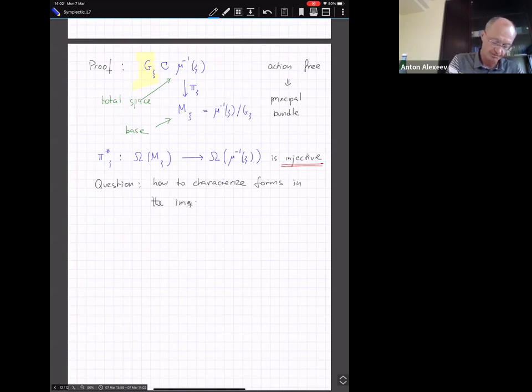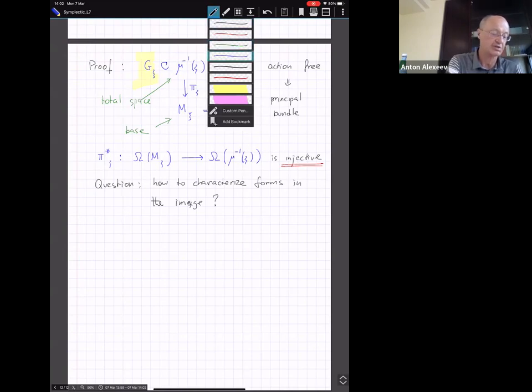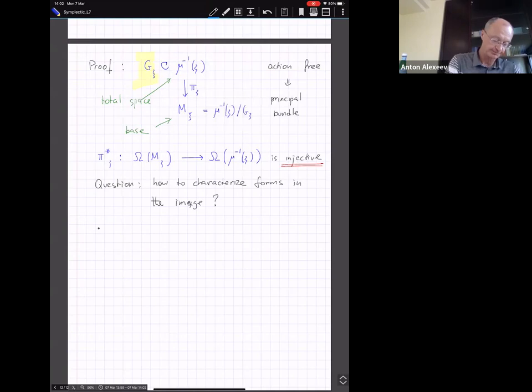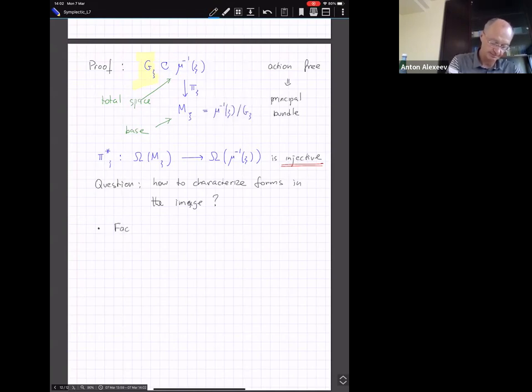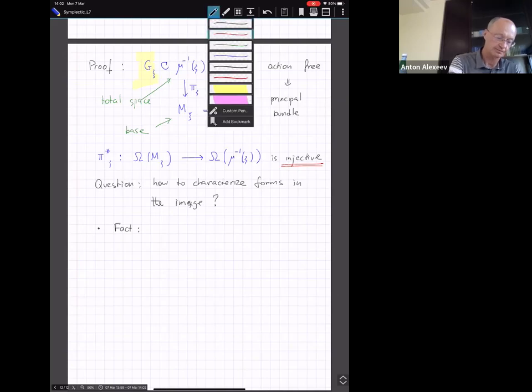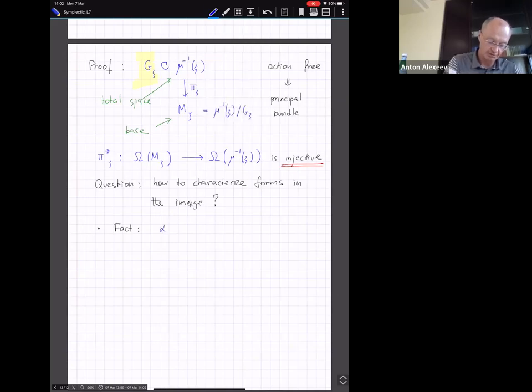In fact, there is a very simple criterion. Fact: alpha is in the image if and only if the following conditions are satisfied.